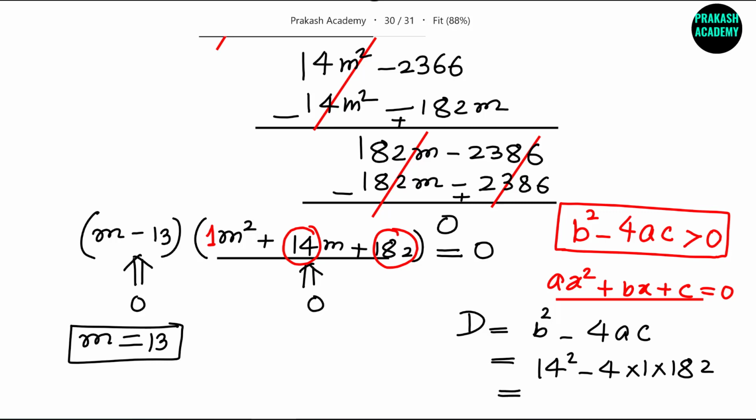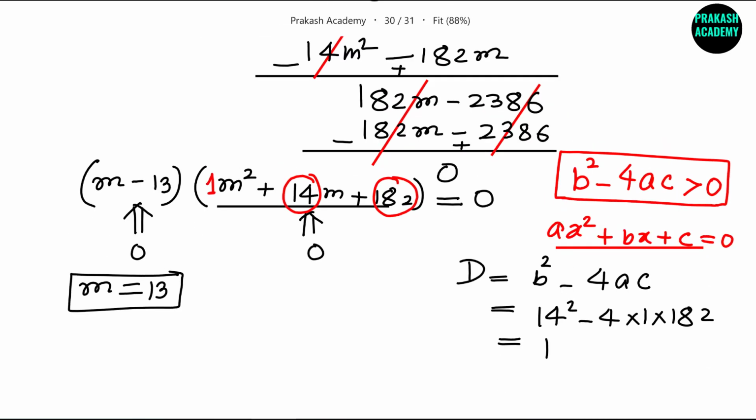So this is 196 minus 182 times 4, that is 728. So this is negative, 196 is smaller, 728 is greater. This means my discriminant is negative.